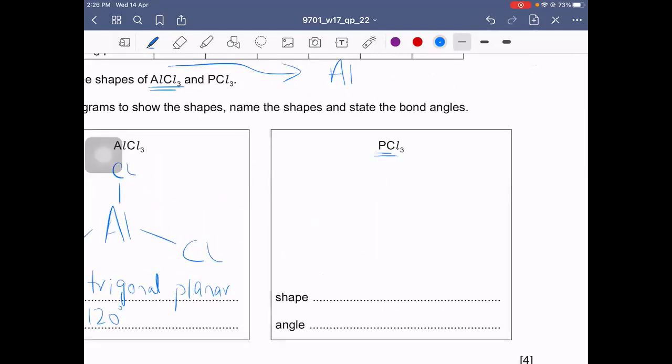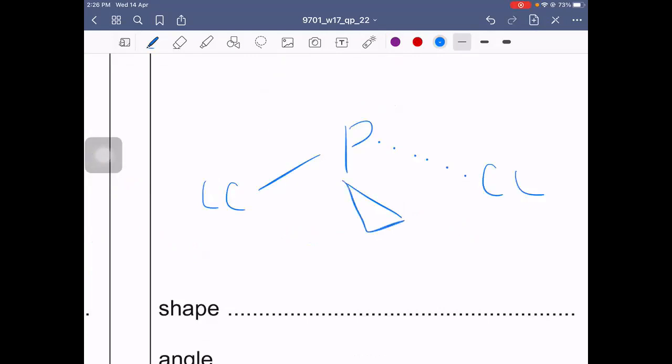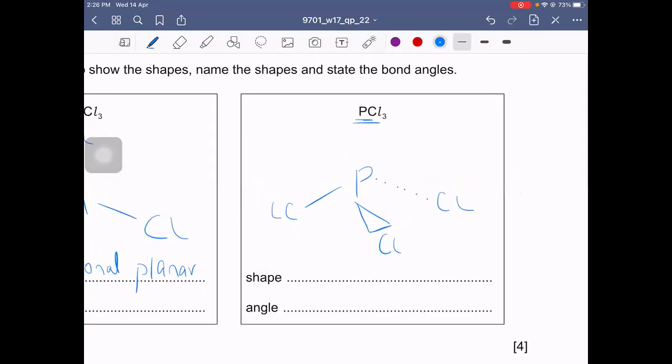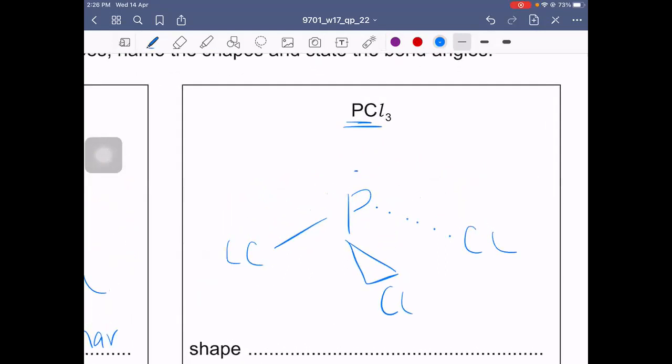PCl3: phosphorus is in group 5. Phosphorus, if asked to make bonds with 3 chlorine, would look somewhat like this. You need to understand that it is in group 5, however it is using up 3 of its 5 electrons. So there is a lone pair involved here somewhere.